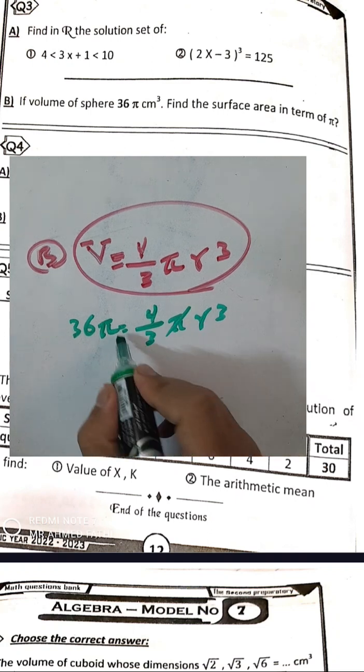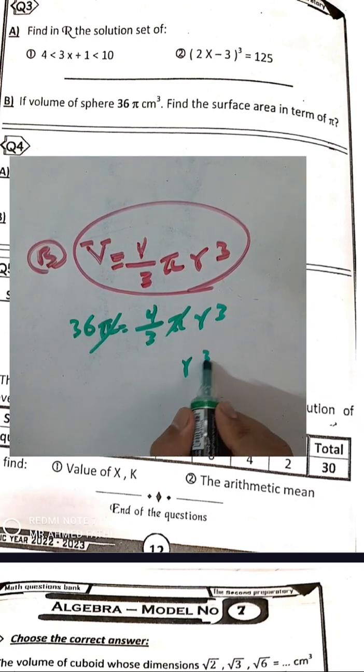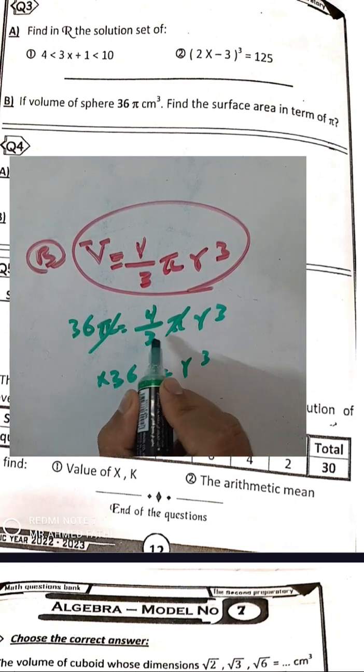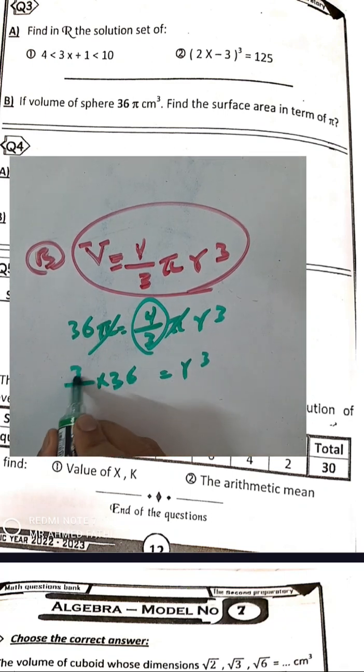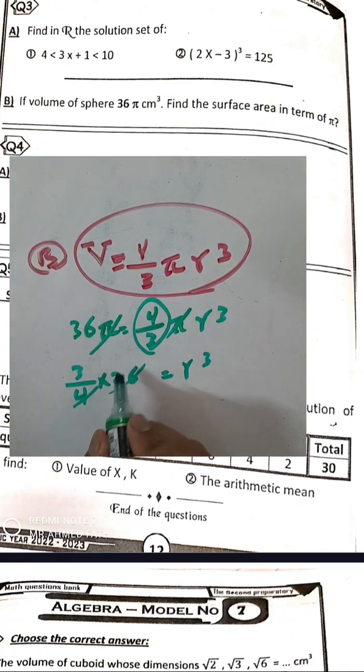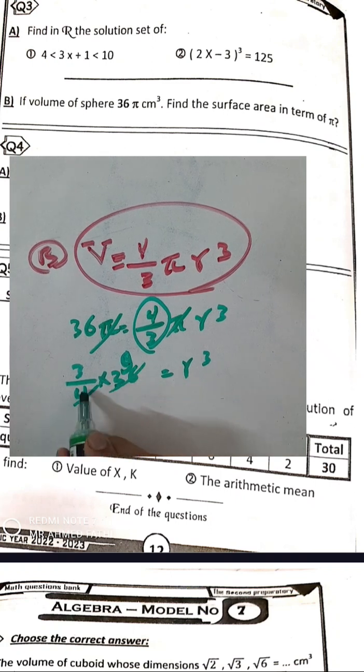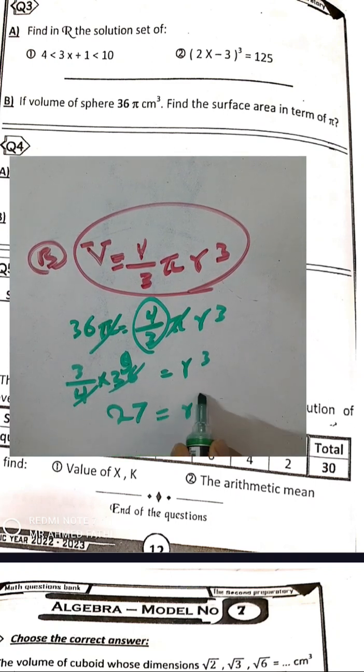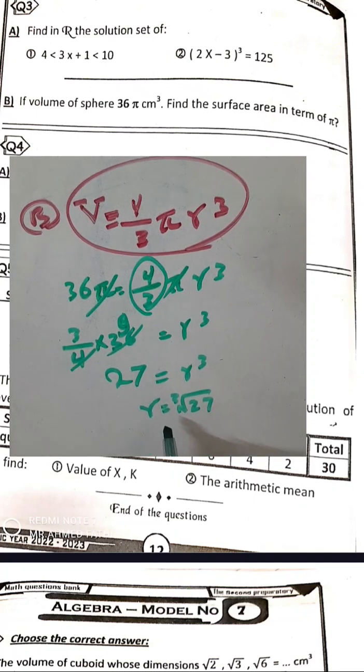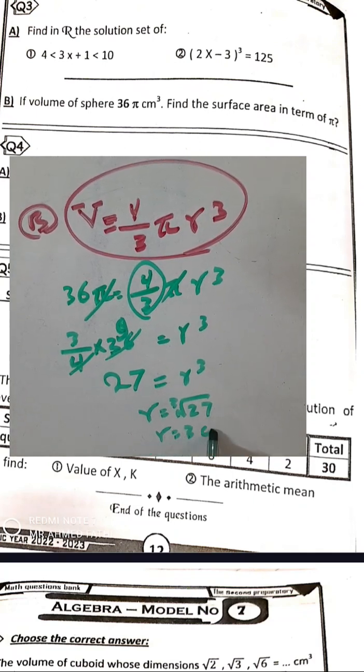You can cancel pi with pi, and then r power 3 equals 36 times the inverse of this fraction, which is 3 over 4. 36 divided by 4 equals 9. 3 times 9 equals 27, equal to r power 3. Then the radius will be the cubic root of 27, which is 3 centimeters.